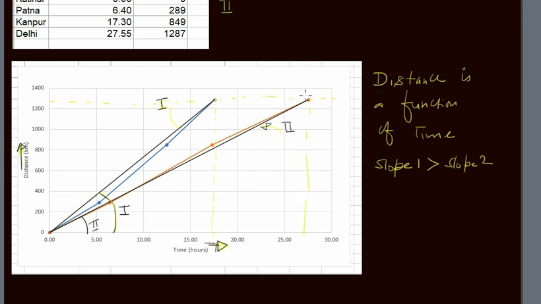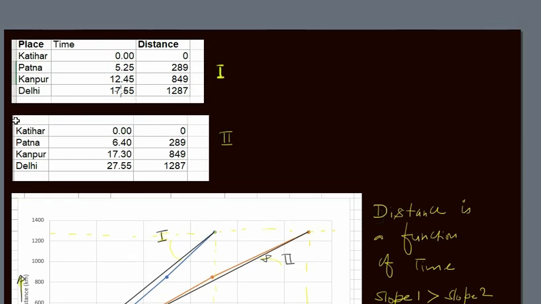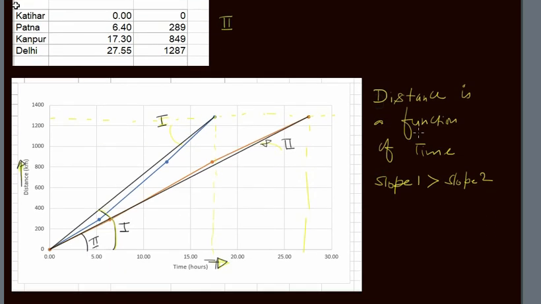So the first one is 17.55 and the second one is 27.55. So the second one that has got smaller slope, that means it's slower than the first one. So let's take an identical slice of time.